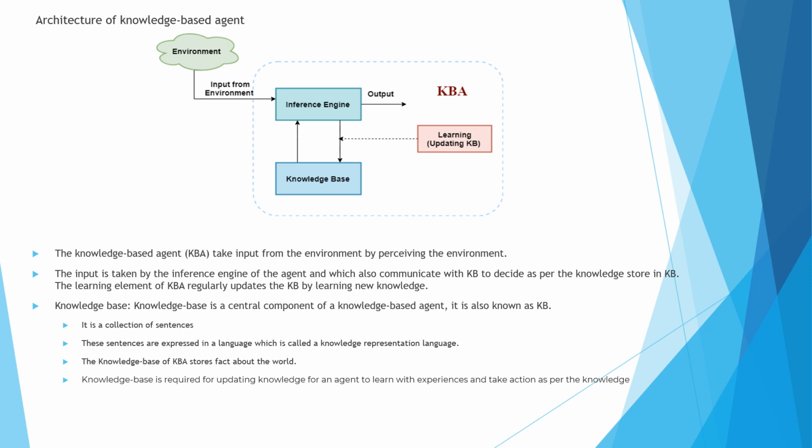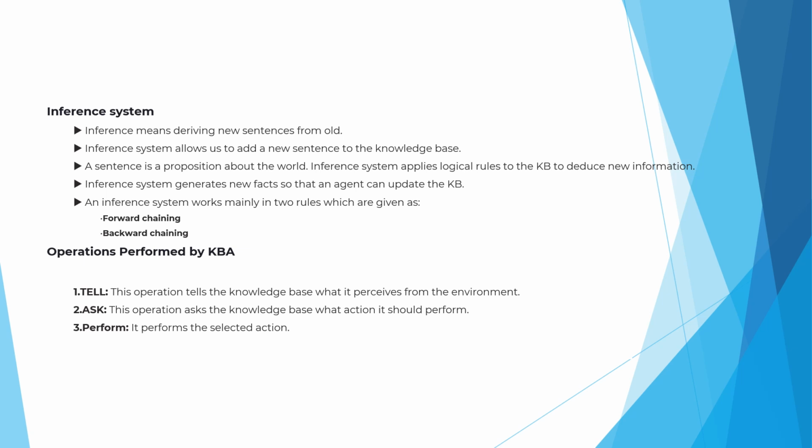The knowledge base of a knowledge-based agent stores facts about the world. Knowledge base is required for updating knowledge so that an agent can learn with experience and take action as per the knowledge.